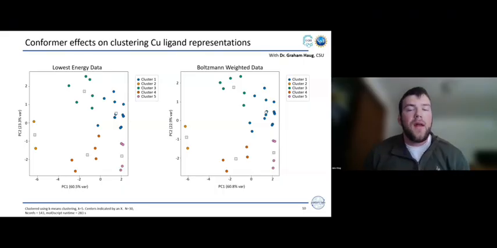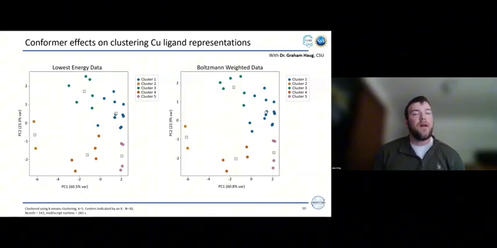This is in collaboration with Dr. Graham Haug at CSU, and here he had conformers for his data set of 30 copper ligands, and I was curious what the difference in the output is if you use lowest energy data versus Boltzmann weighted data. With molDscript, you can do this just with a simple command line flag. If you do dash dash low E, you get the lowest energy data frame.